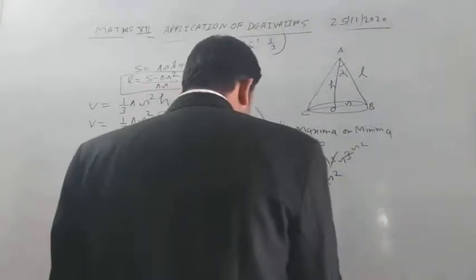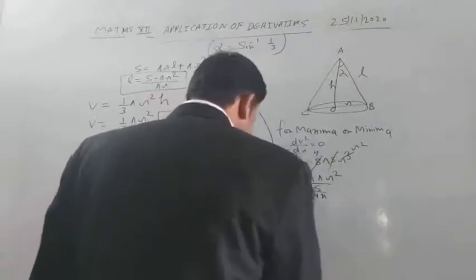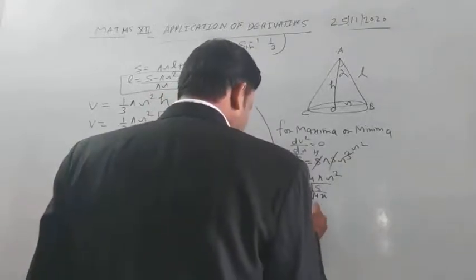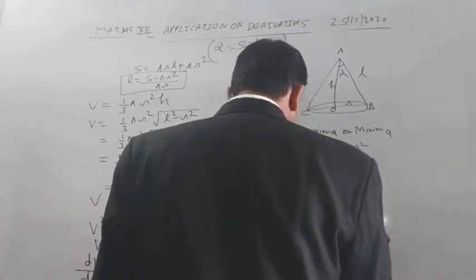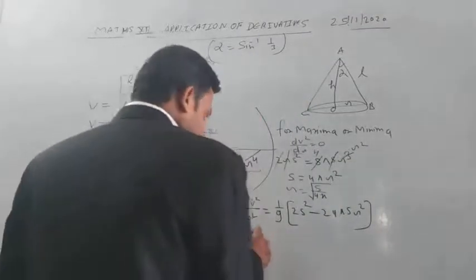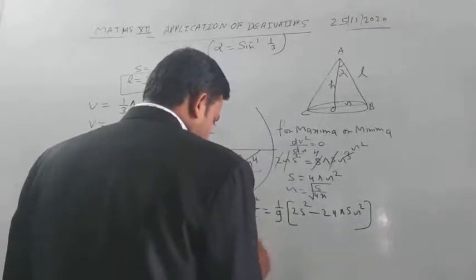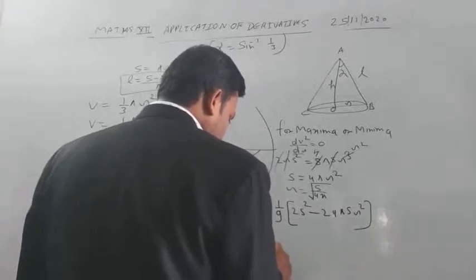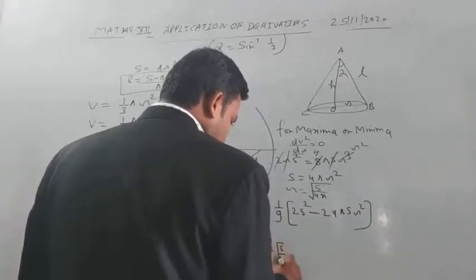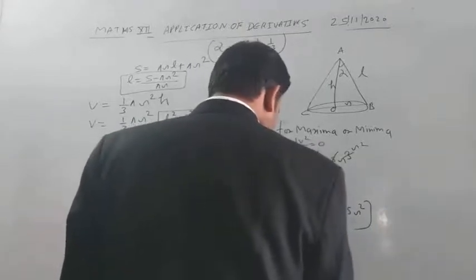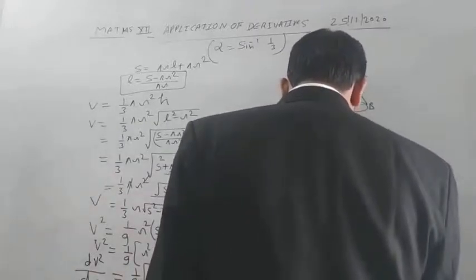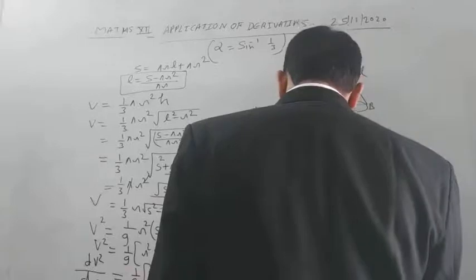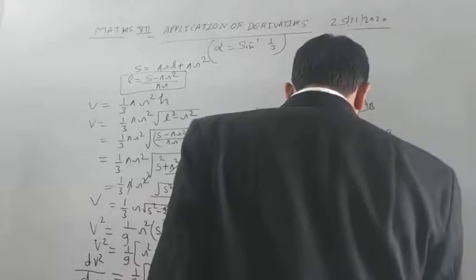Now 1 by 9, again differentiating, it will be 2 s square minus 24 pi s r square. Now at r equal to under root s by 4 pi, d2V square by dr2 is 1 by 9 times 2 s square minus 24 pi s into r square, where r square is s by 4 pi.